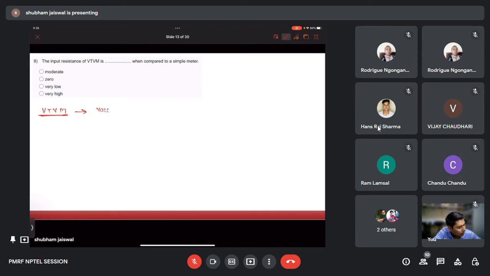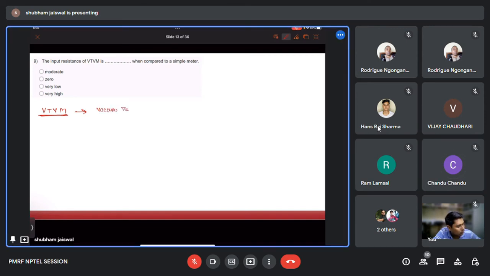It's a vacuum tube voltmeter, and it is used to measure voltage.